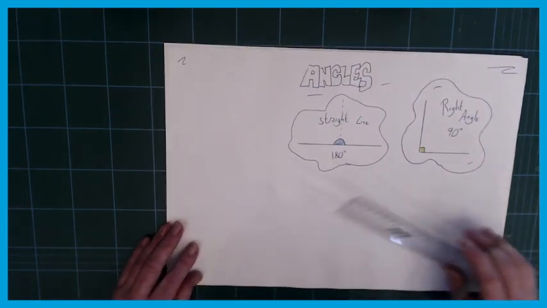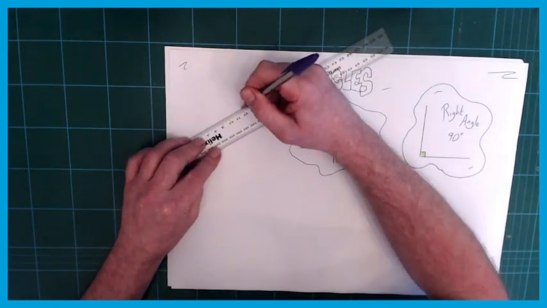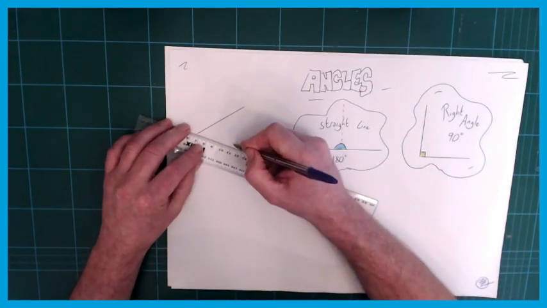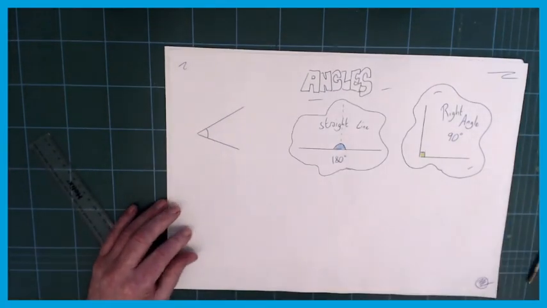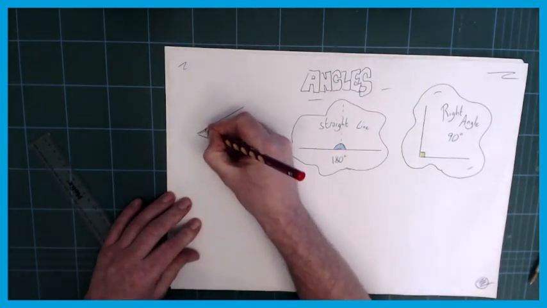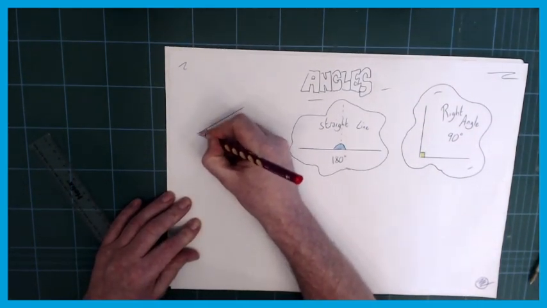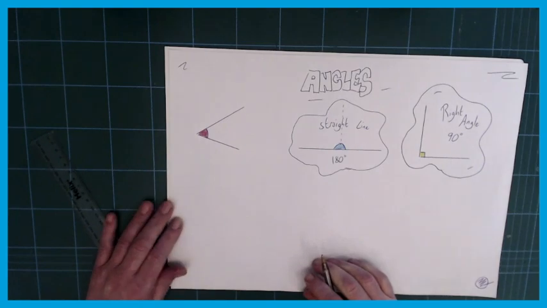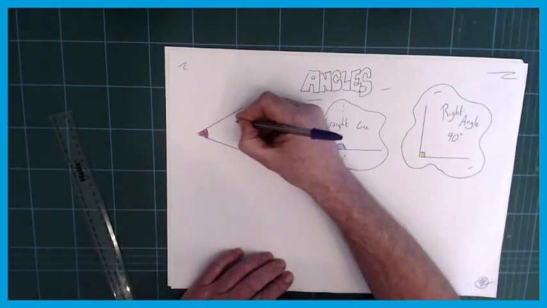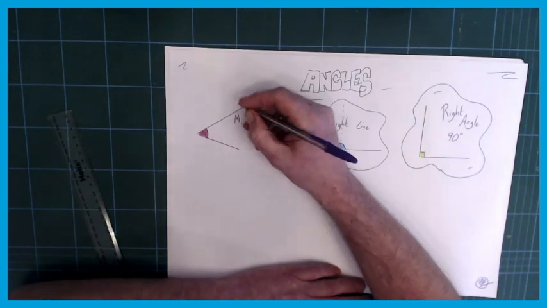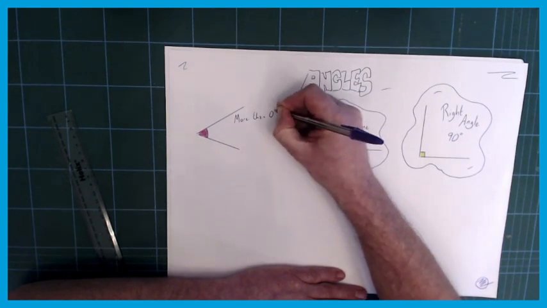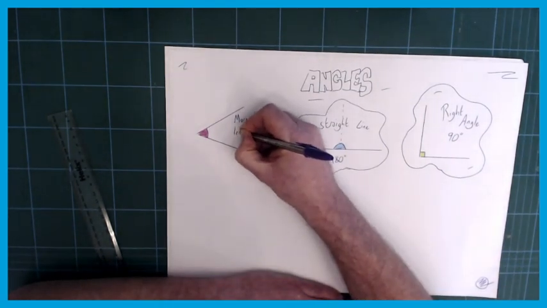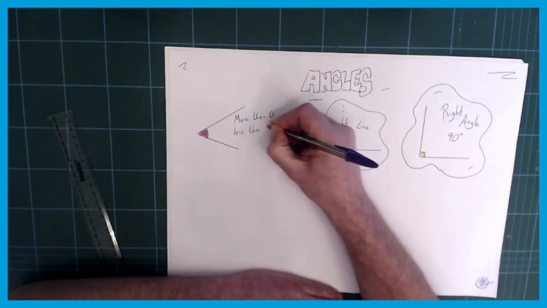I'm going to have a look at another angle you probably remember. Now this one, I'm going to draw it out and then I'll put some numbers on it in a minute. Purple for this. Okay. And this is more than 0 and less than 90.